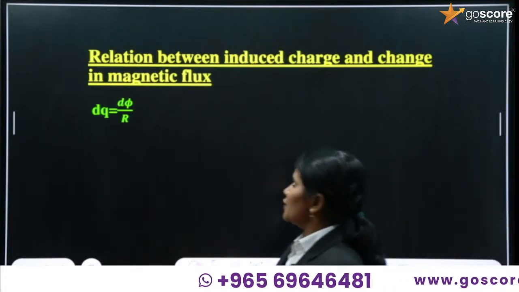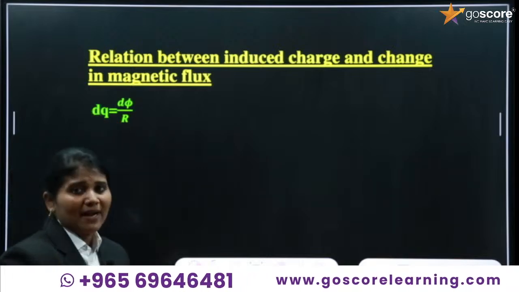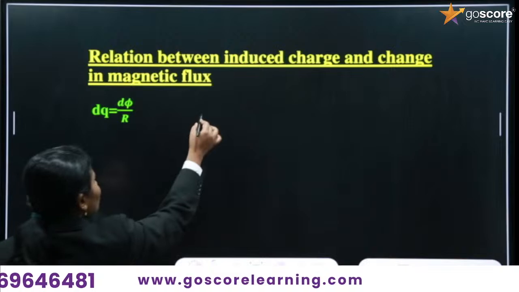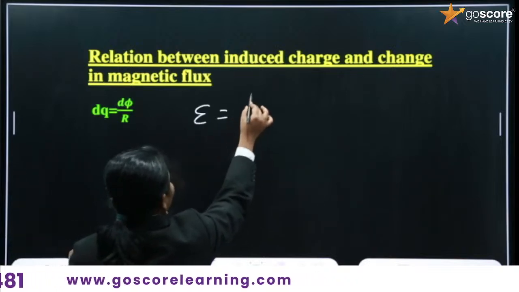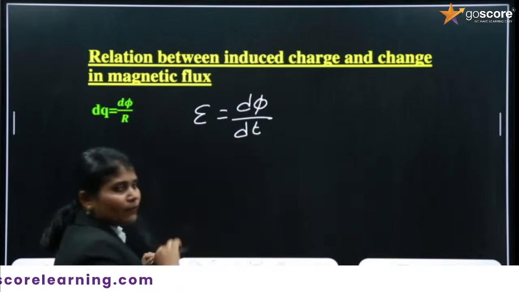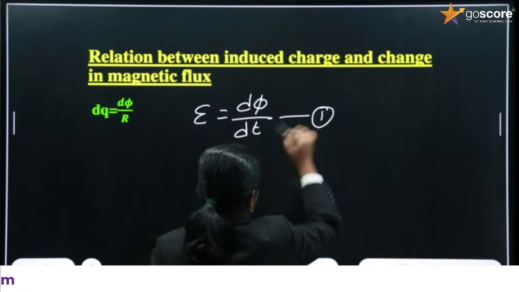What is the relationship between the induced charge and change in magnetic flux? Today's last topic. So we know that E is equal to d phi by dt. I am taking it as the first equation.